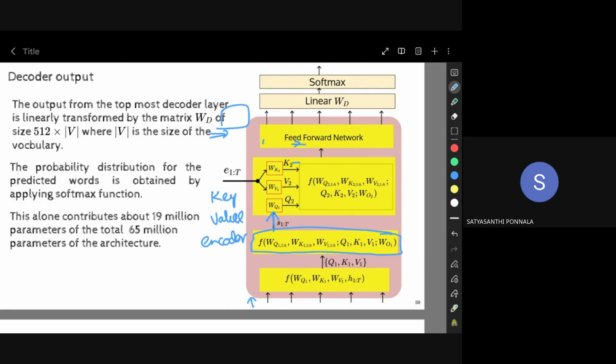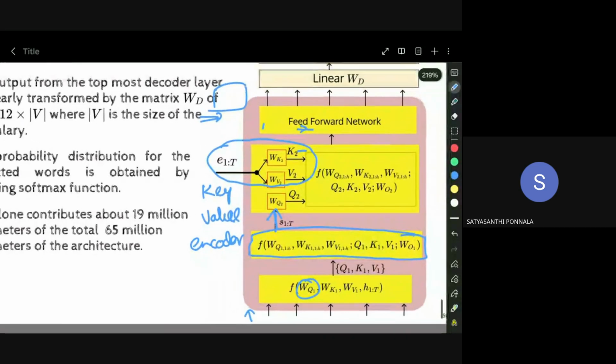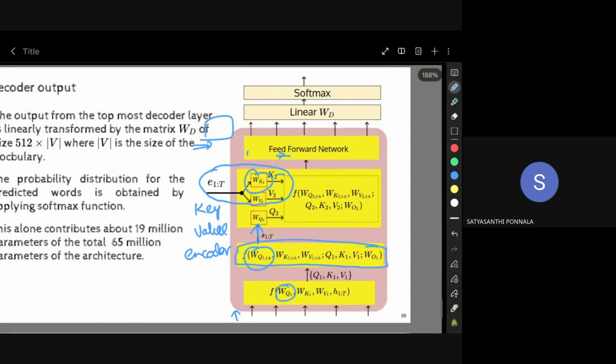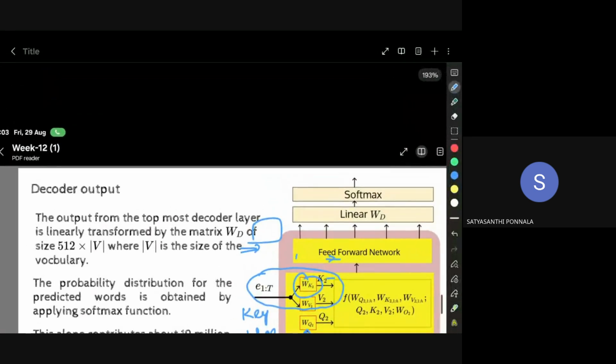Whatever is coming here is going to multiply with WQ1, but whatever is coming from the encoder, we are multiplying with another matrix. This subscript is there so that you know these are different weights, not the same weights. Now you can compute the cross attention again.